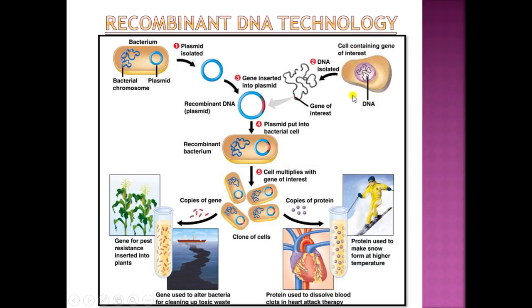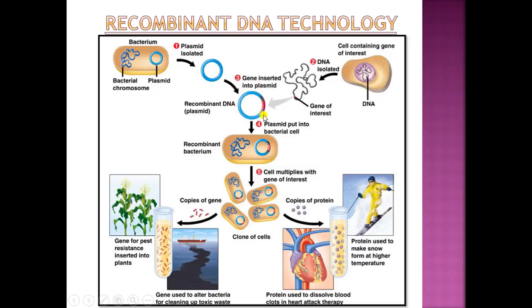For that, we first isolate a DNA or a gene from the human cell, also known as the gene of interest. Then this gene of interest is inserted into a plasmid, or whatever vector we are going to use.